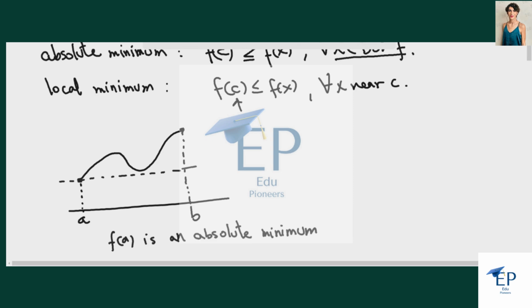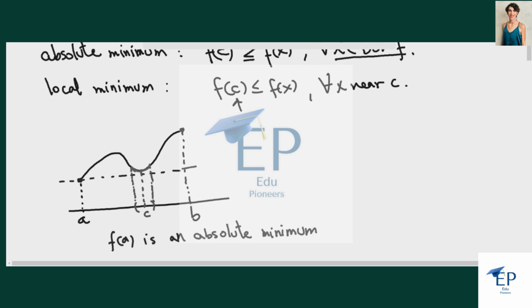But we can also see that this value here, the image of this point, is a local minimum, and that's because if we look at that point here, let's call it C, and we stay, for example, near that value, we constrain our attention to this interval containing C, and then the graph of the function is only this portion here.